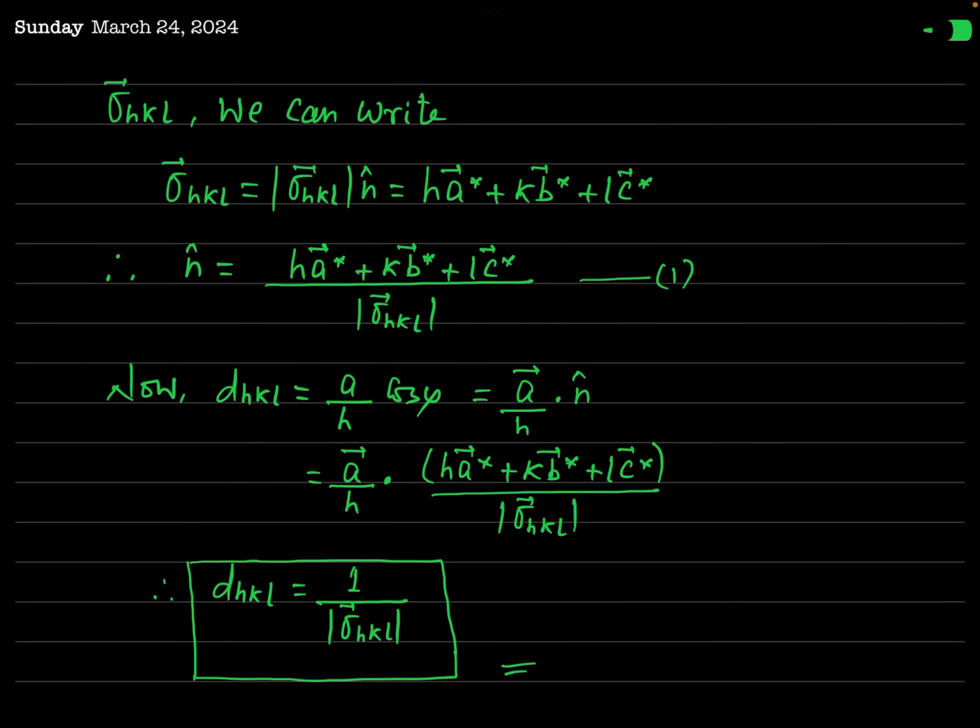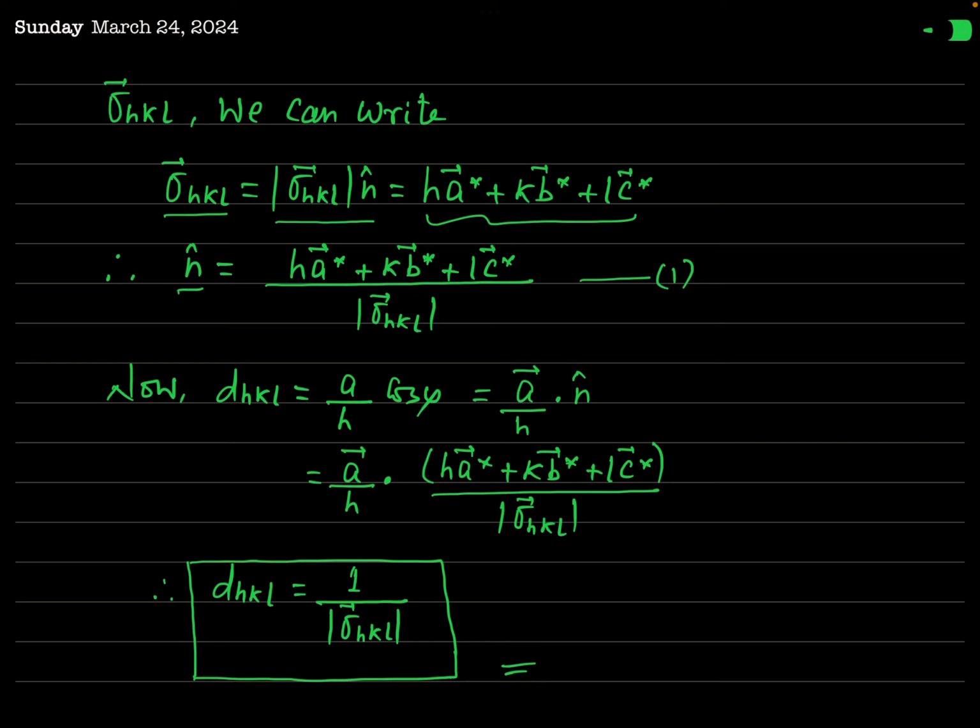And if you want to write the sigma_hkl vector in terms of the unit vector, then we can express it like this: modulus of sigma_hkl times n hat. This is just a common technique. And you know, this sigma_hkl is defined as h a star plus k b star plus l c star.